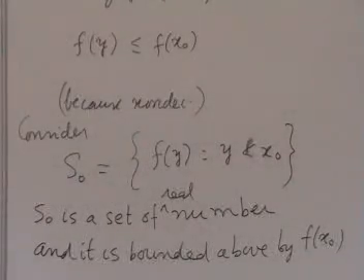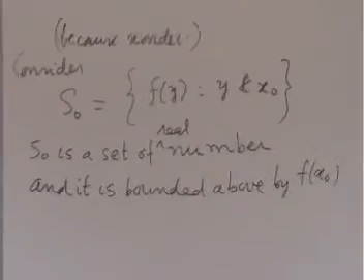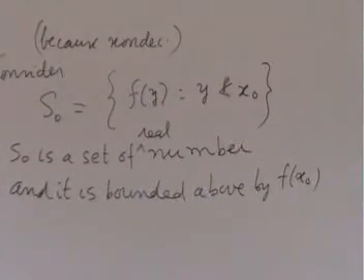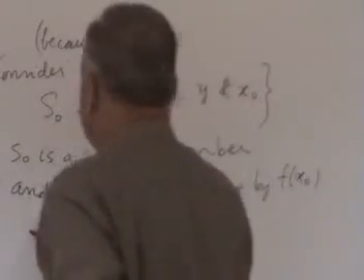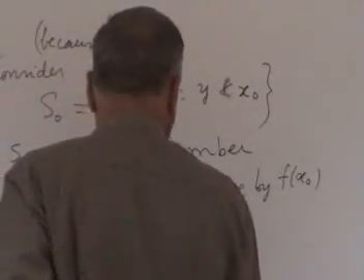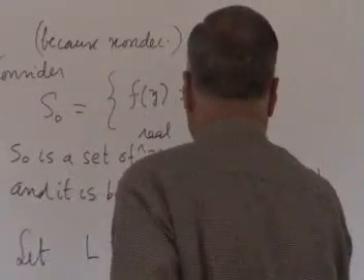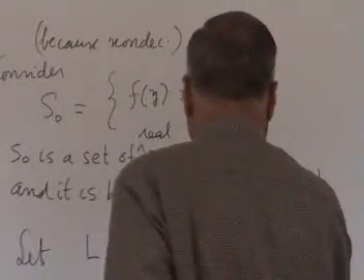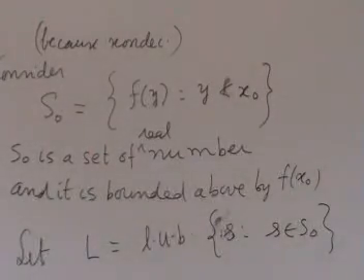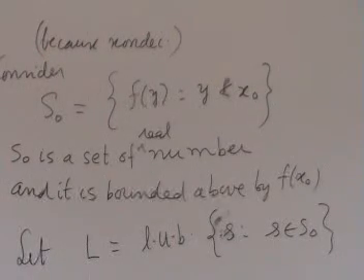But we know that any set of numbers which is bounded above has a least upper bound. Every bounded set of real numbers has a least upper bound. So let L be the least upper bound of this set S naught, the set of all these f(y). Every set bounded above has a least upper bound.